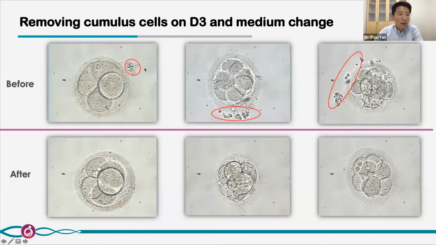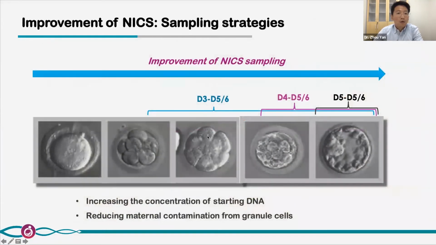Several cells that could be the source of maternal genomic DNA contribution to the culture media have now been removed. After removing these, we change the media again to make sure there are no carryovers of the maternal material into the downstream cultures. And this slide shows the sampling strategy that we have improved.